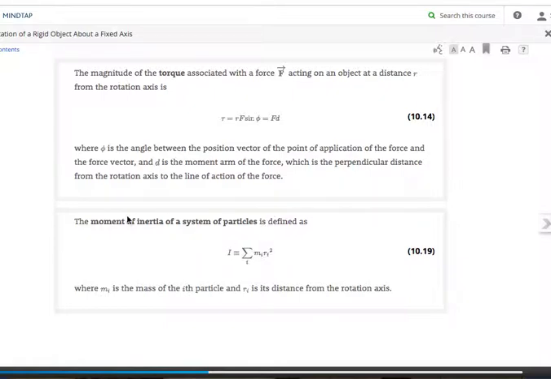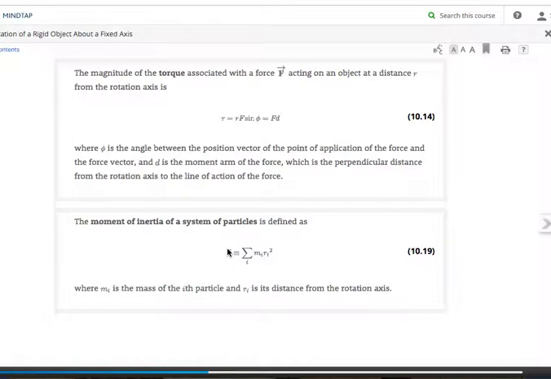And the moment of inertia of a system is analogous to what you would use for mass for linear stuff. You would use moment of inertia for rotational motion to describe rotational variables. The moment of inertia is going to define not only the mass of that object, but also how that mass is distributed.